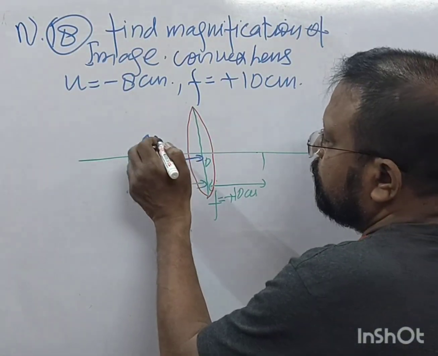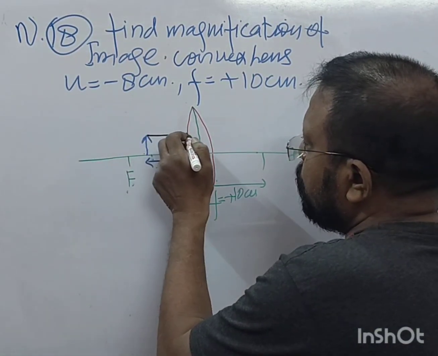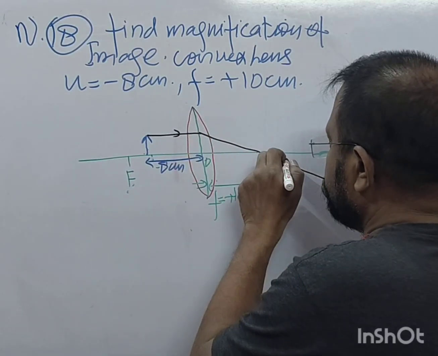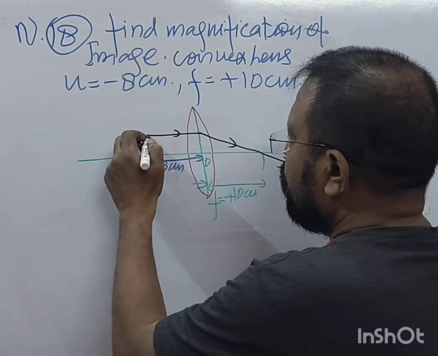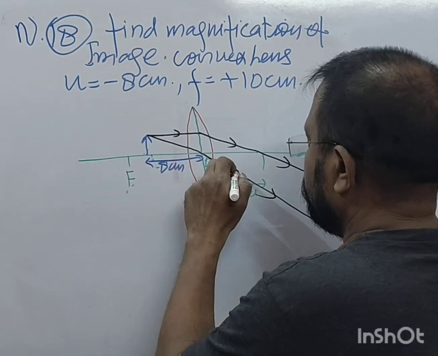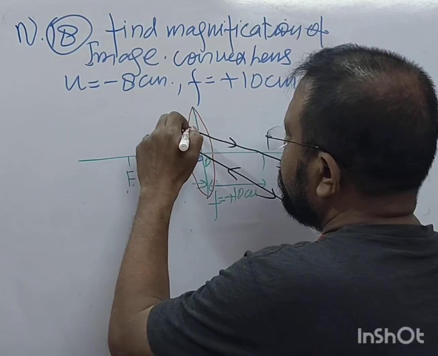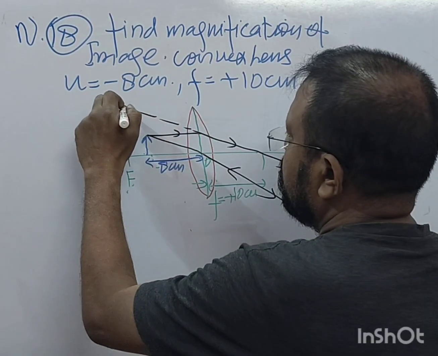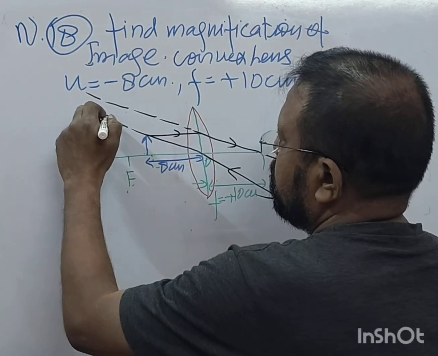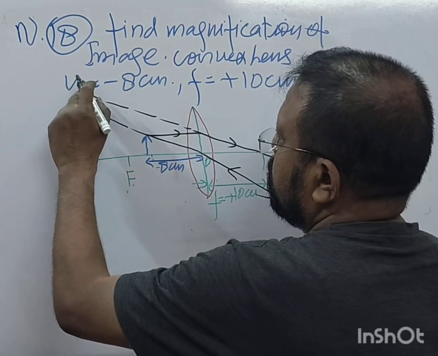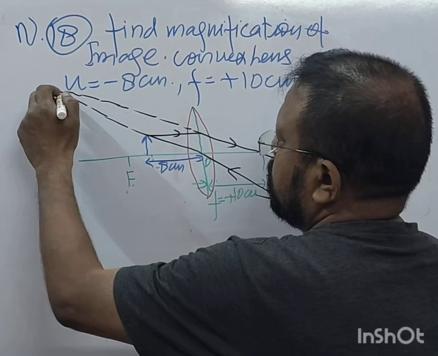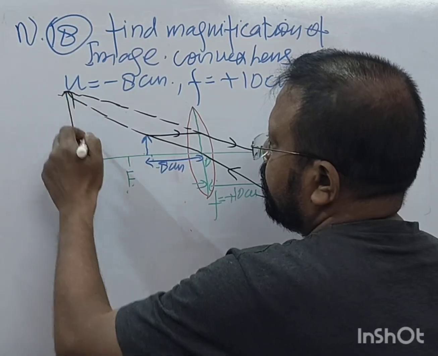The line parallel to the principal axis, after refraction, goes through the focus, and the line from the optical center behaves like a normal. So they are not meeting here. They will meet somewhere here.